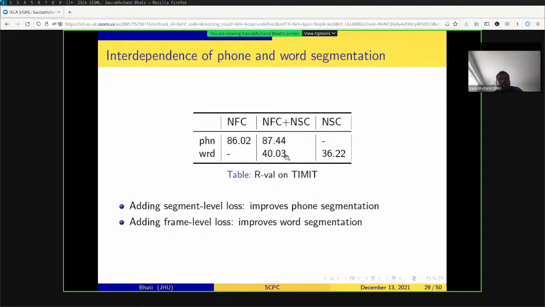It can still learn the boundaries or phone information somehow, even if it is just asked to predict the next segment from the previous segment. The reason is it's sort of doing language modeling at phone level, and if you have very poor boundaries, it won't be able to do the phone level language modeling task. So it has to do some sort of accurate or close to accurate boundary detection.